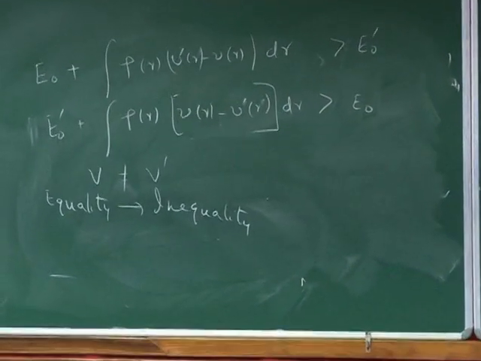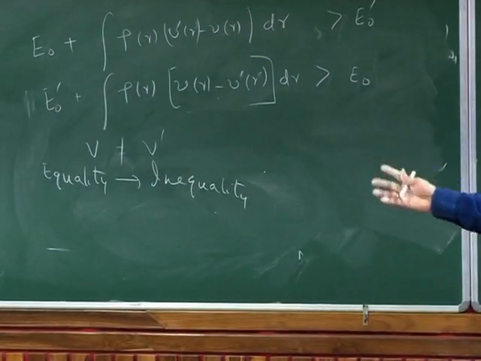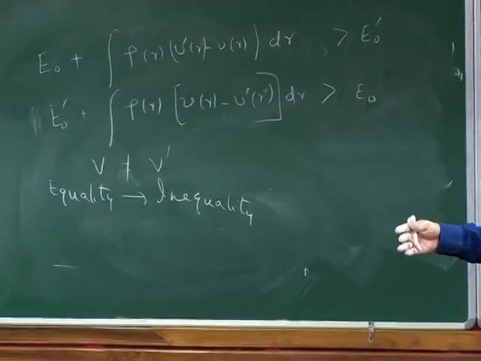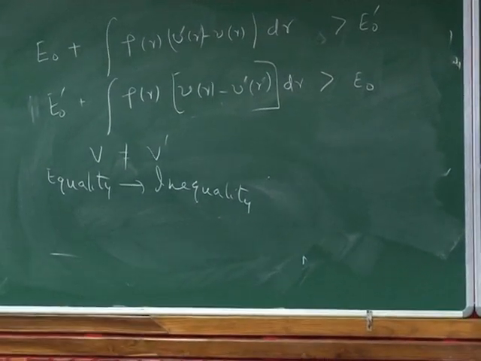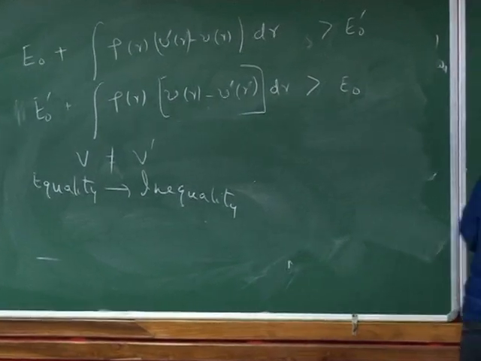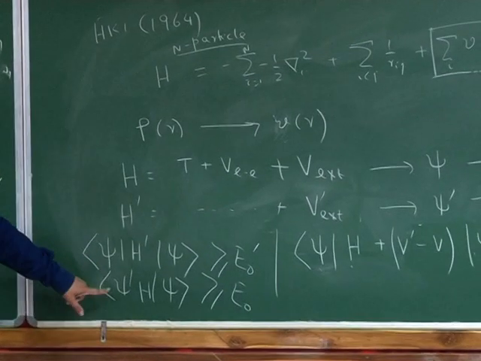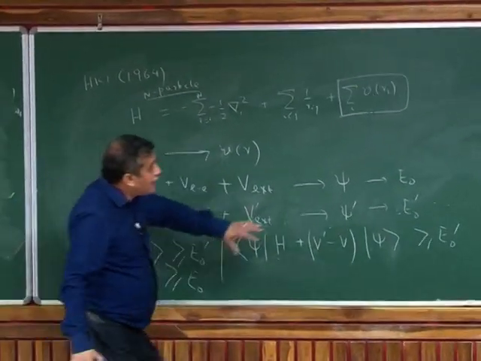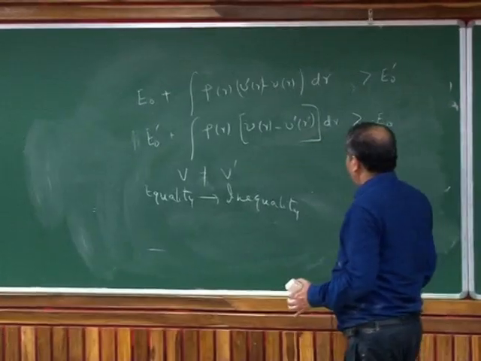If literally V is different from V prime, they have to be greater because they are different. Right? It cannot really be equal. When is it going to equal? When V is equal to V prime, or psi is equal to psi prime. Because equality is given only because I am varying over entire space. But if I know definitely psi is different from psi prime, this must be greater than E naught prime. And the other one must be greater than E naught.